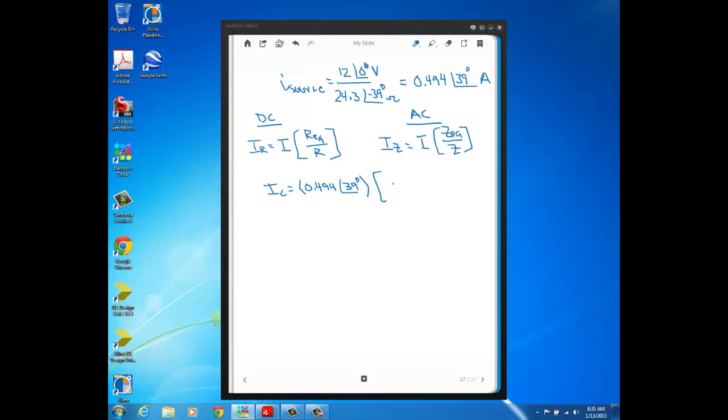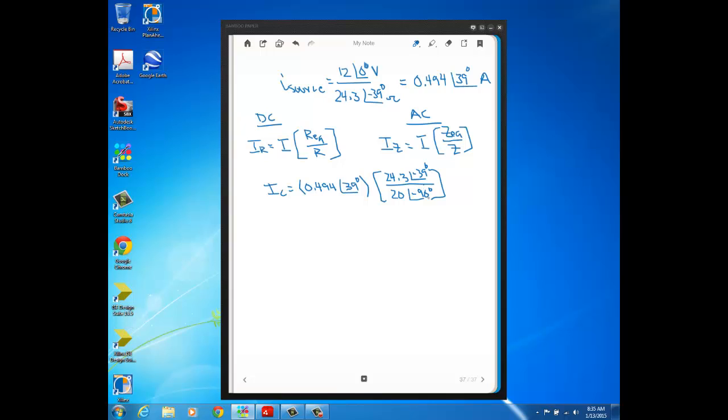And then the ZEQ of the parallel combination just happens to equal the ZEQ of the source in this case. So that's the 24.3 at an angle of minus 39 degrees. And then the impedance of the capacitor goes in the denominator, since that's the impedance we want the current for, so that's going to be the 20 at minus 90 degrees.